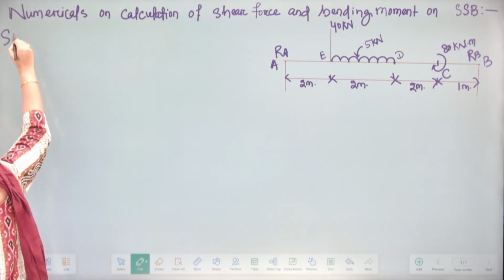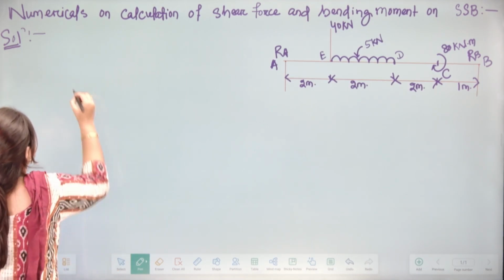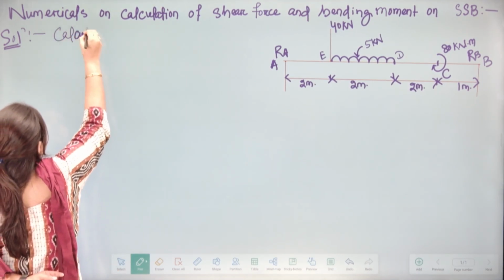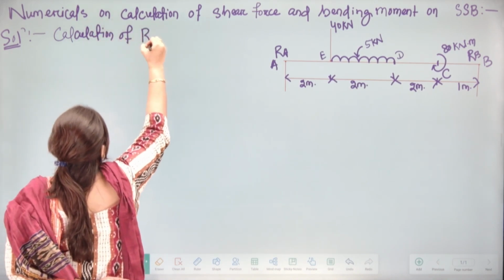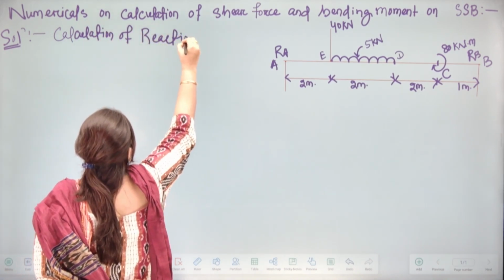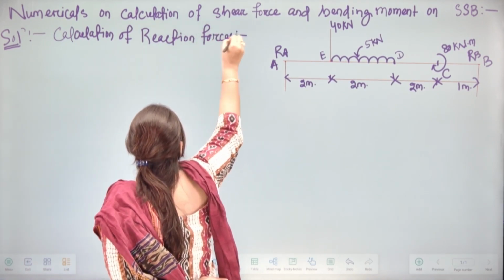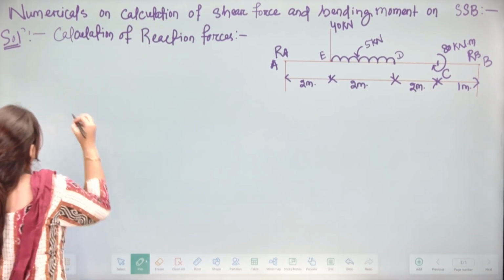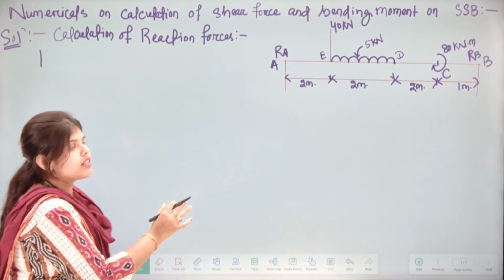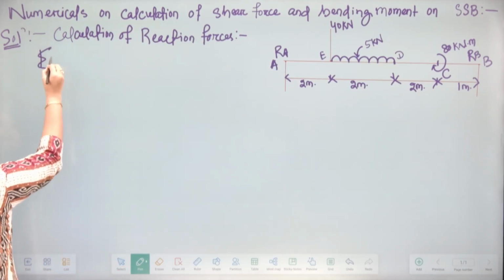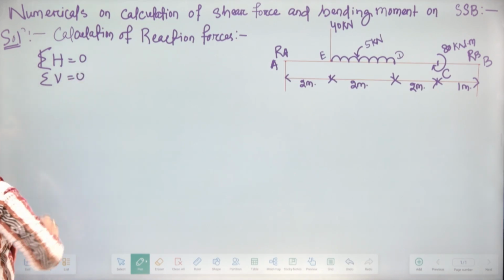To calculate the reaction forces, we know the summation of horizontal forces is equal to 0 and the summation of vertical forces is equal to 0.